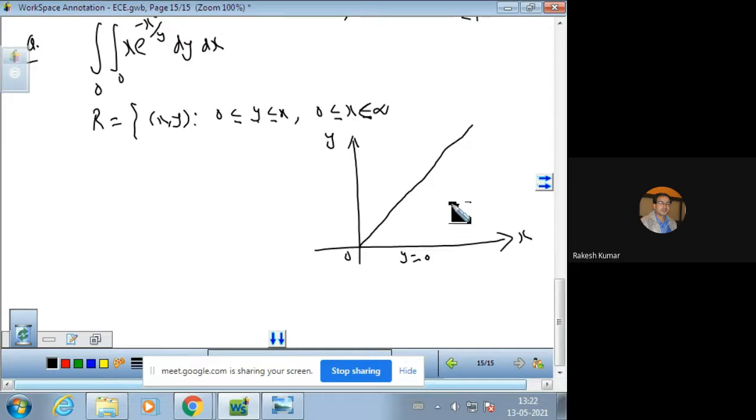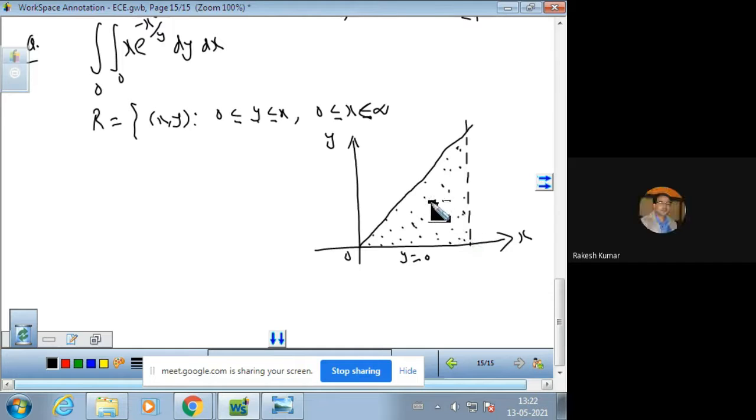Now x is equal to infinity will be like this. Why am I putting dashes? Because x is equal to infinity is not possible to plot. It means it is extendable on this side up to infinity. So over this region of integration, you need to evaluate the double integral.